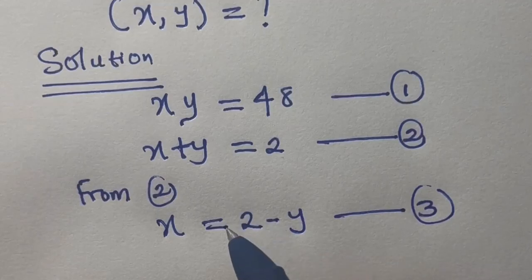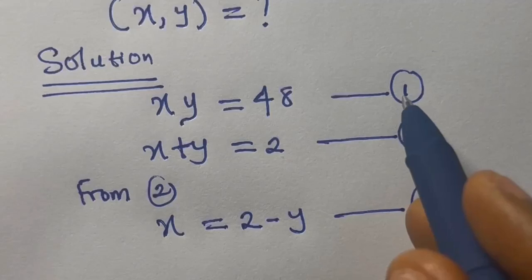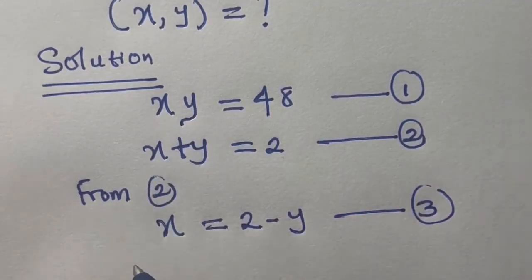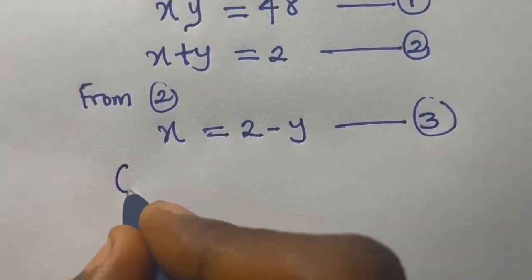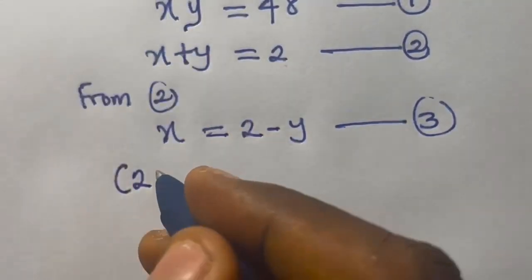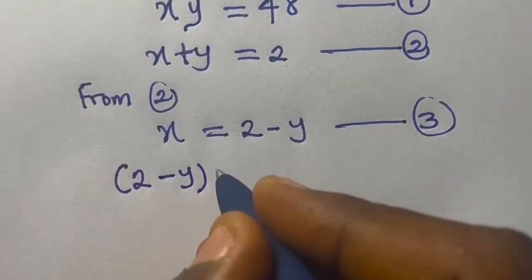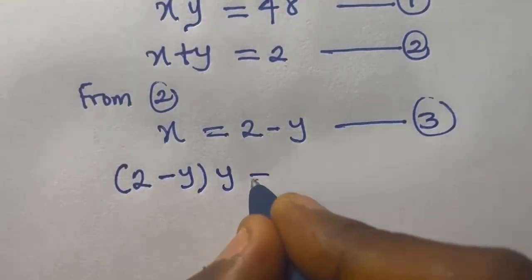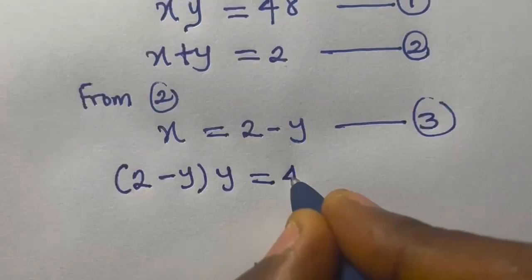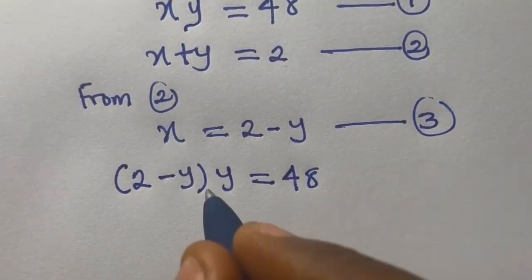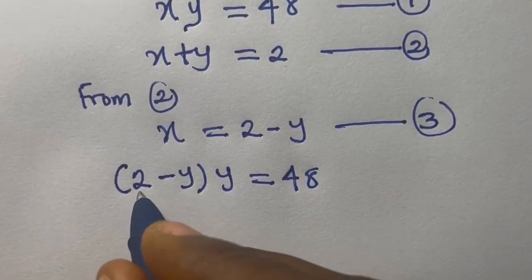Now we substitute this 3 into our equation 1. So meaning we have 2 minus y, so this is x, right? 2 minus y times y equals 48.